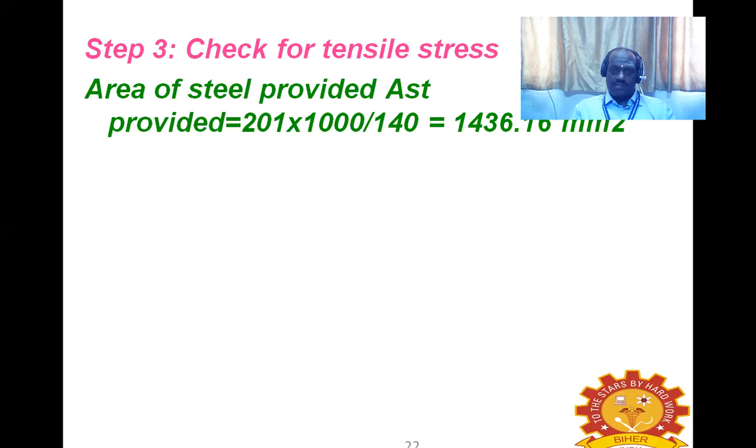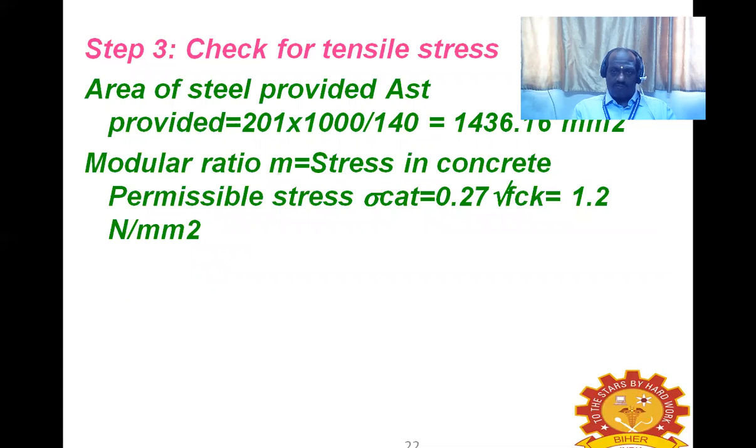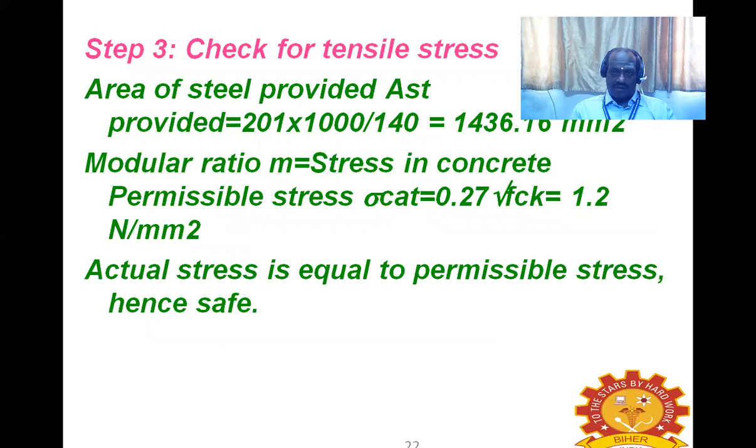Next step is to check for the tensile stress. The area of steel provided: 201 is the area of a 16 mm bar, and for a breadth of 1 meter, 1000 divided by 140 is the spacing. So 1436 is the area of steel provided.